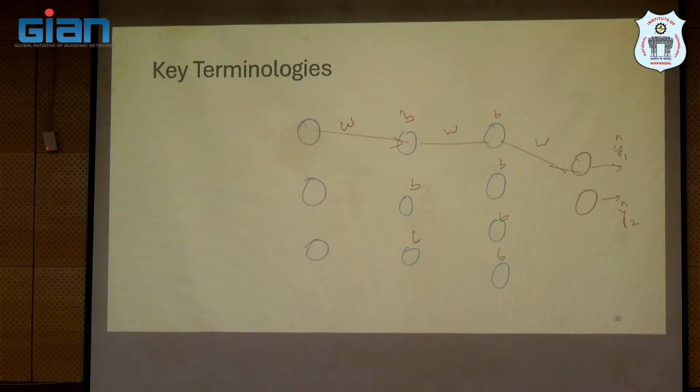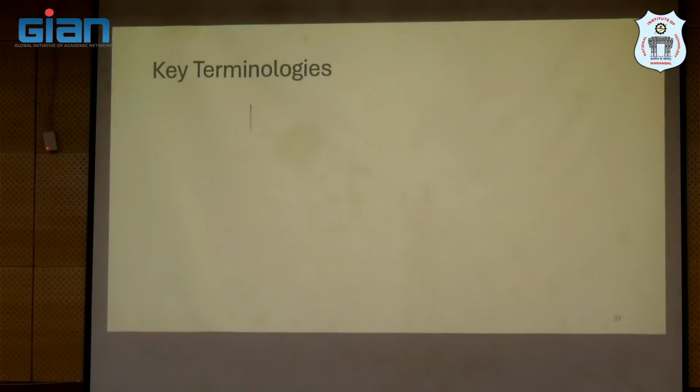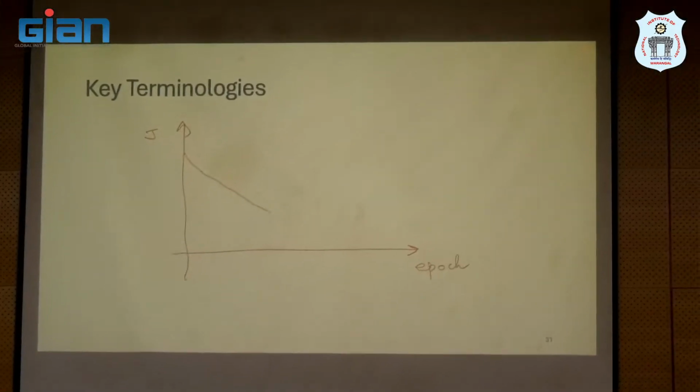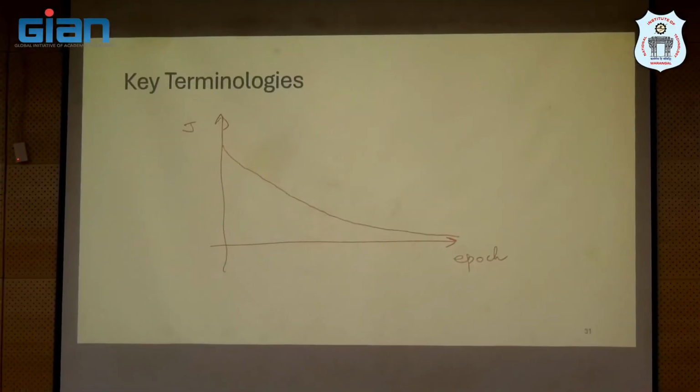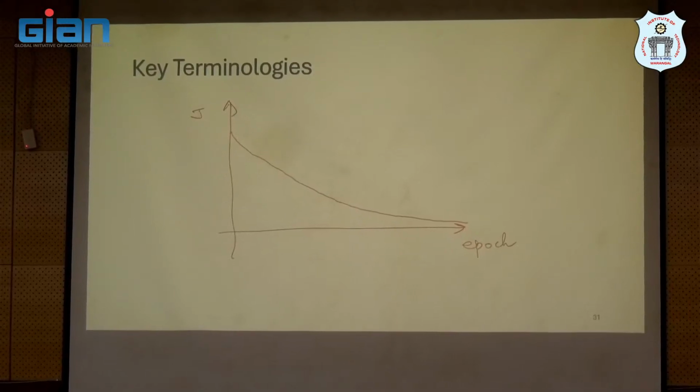Now there are certain things that you need to understand. If you watch the loss function over each epoch for a training data set, and continue to run this training again and again, you will see that the loss function will start to decrease and go down very close.